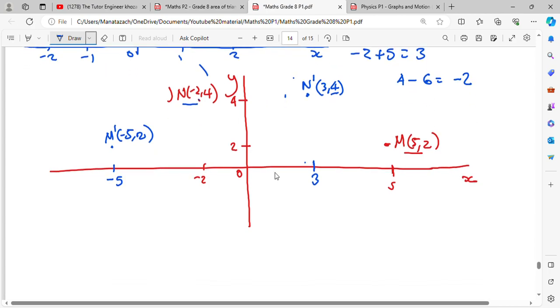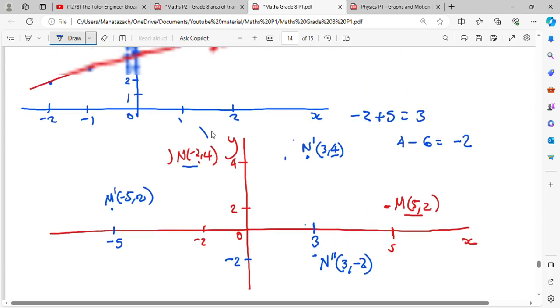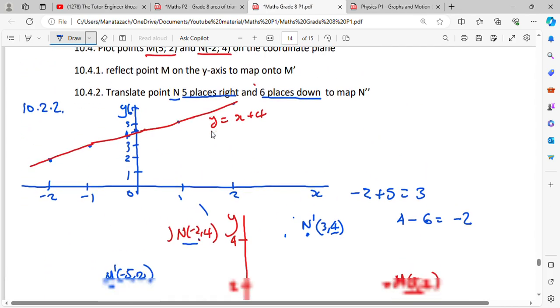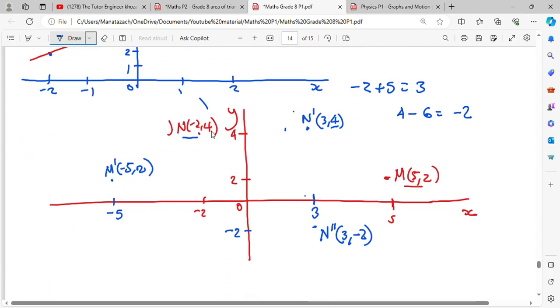So let's plot minus 2 here. Point N double prime is going to be 3 and minus 2. So that's it. Have we done all the questions? Yes, we've come to the end of today's lesson.